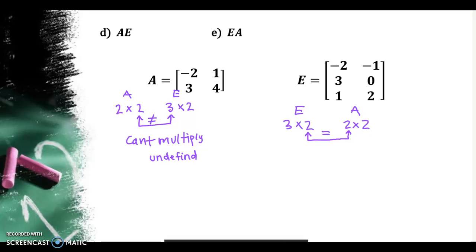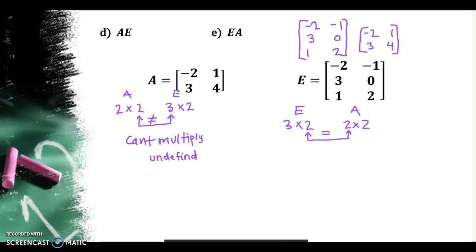And when we multiply, again, let's go ahead and take matrix E, which is -2, -1, 3, 0, 1, and 2. I'm going to fix this 2 a little bit there. And then matrix A, which is -2, 1, 3, 4, and multiply those.